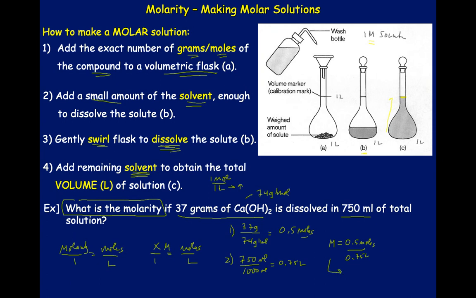If we do that the right way, we take 0.5 divided by 0.75, and we simply get 0.67 big M, or you could say moles per liter. Either way is good. Big M is what you usually see.